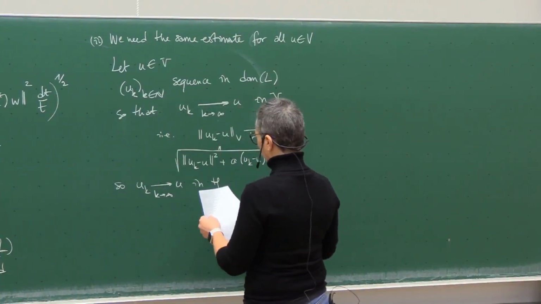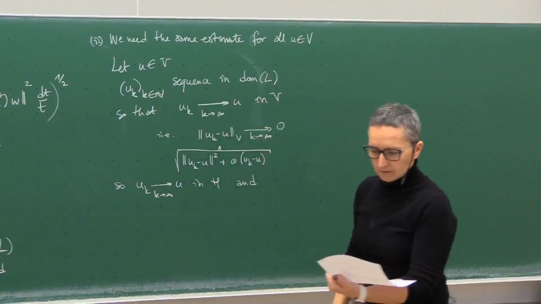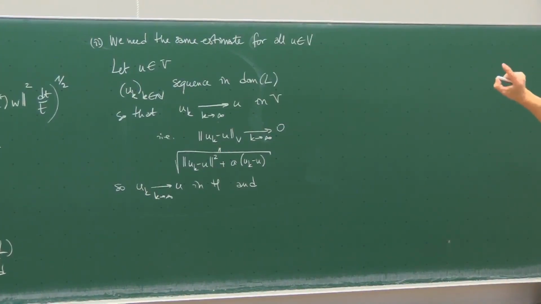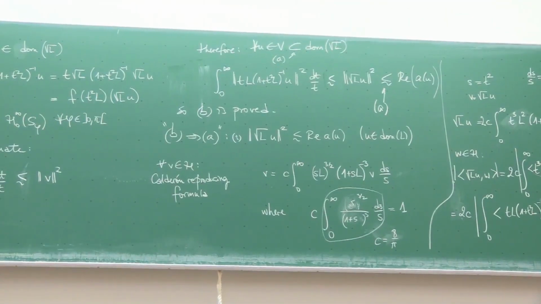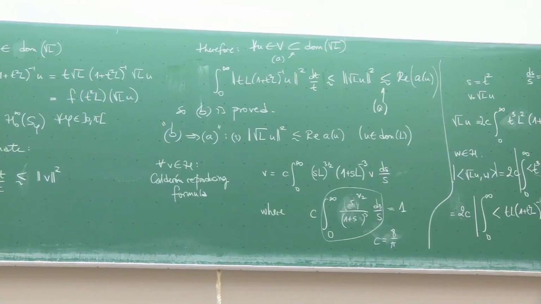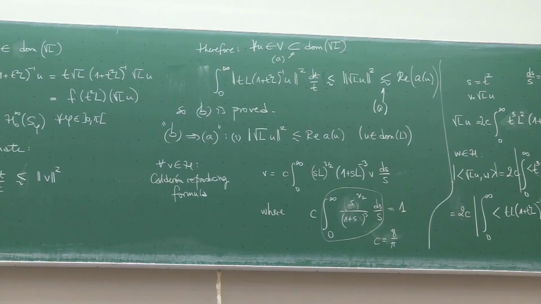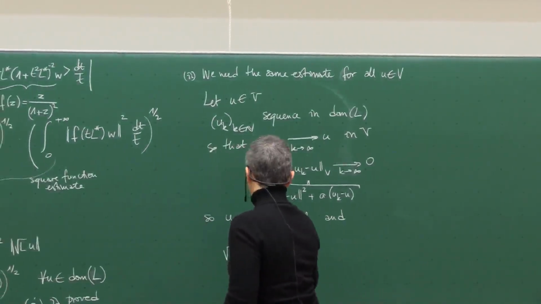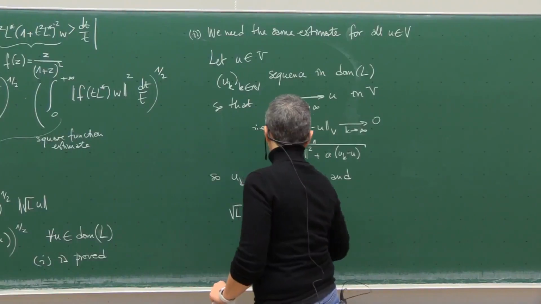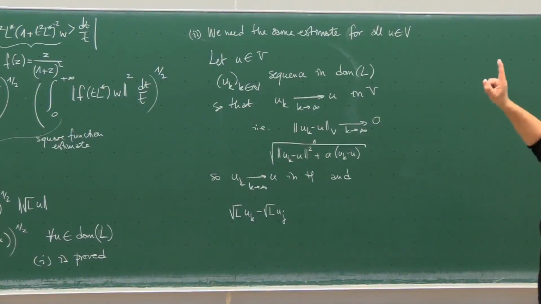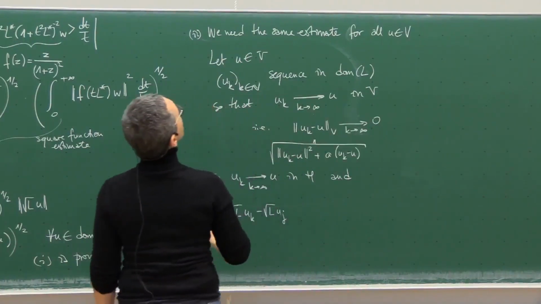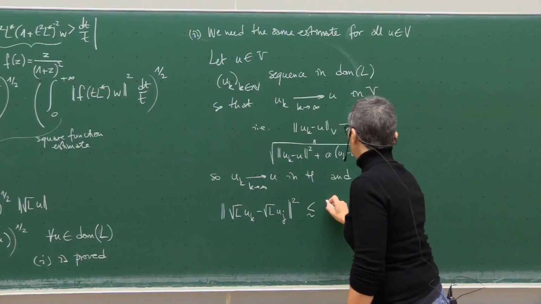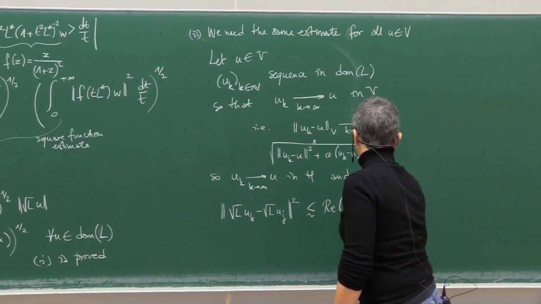What I know also is that square root of L uk minus square root of L uj, by what we just proved, is less than or equal to the real part of A of uk minus uj.